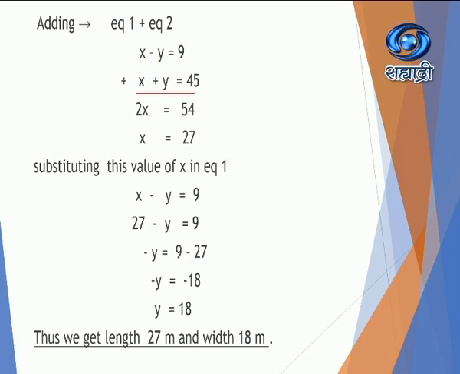Also, do not forget to write the units, that is, here it is meters. No matter what type of sum it is, if it is an age sum, then you have to write years, or if it is a length and width sum, as we are doing just now, we have to write meter or centimeter, whatever is given in that particular sum.